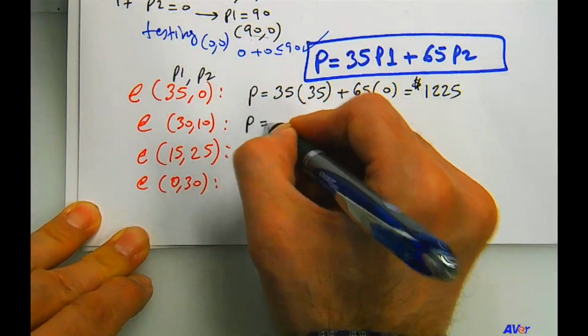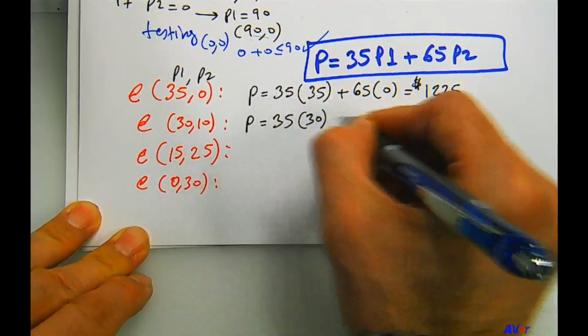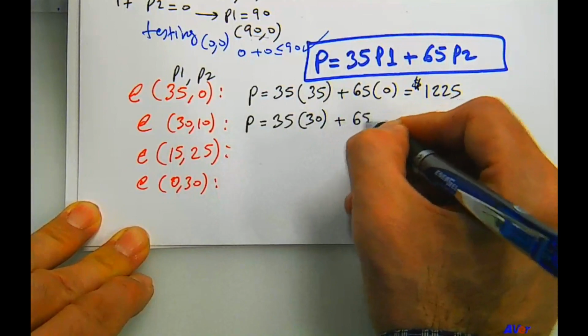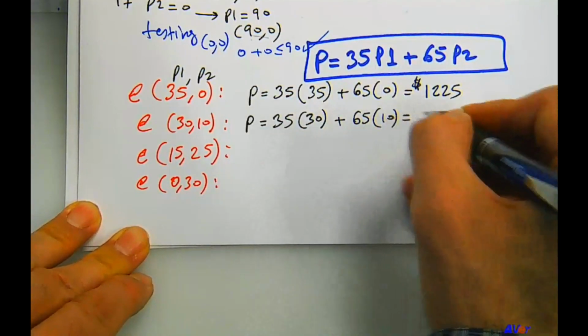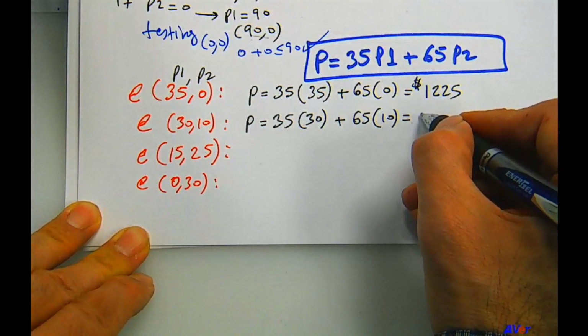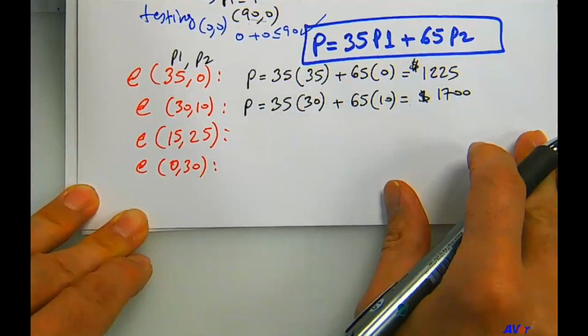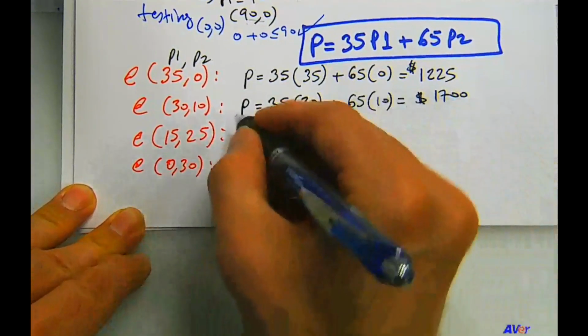And then P equals 35 times 30 plus 65 times 10, and we get $1,700 of profit from that.